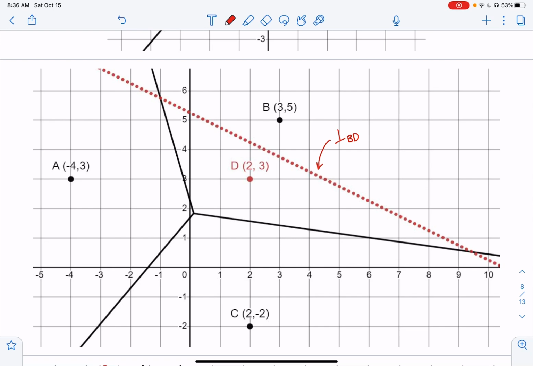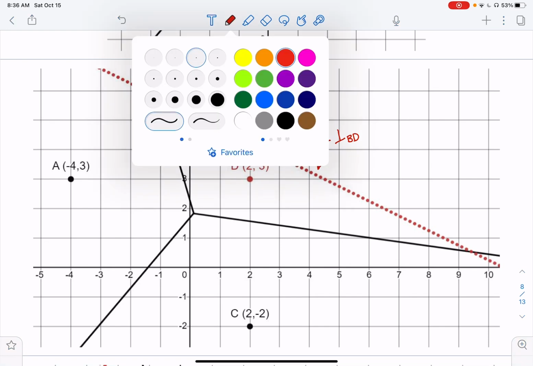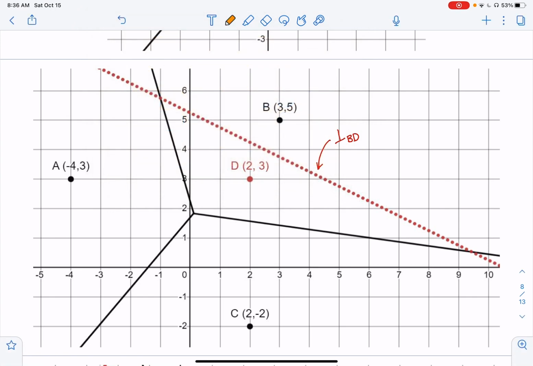What we want to do is identify new vertices wherever the perpendicular bisector hits an existing edge. So these black lines were the edges that we constructed when we had 3 sites. Where this perpendicular bisector meets those edges, we are going to construct 2 new vertices.